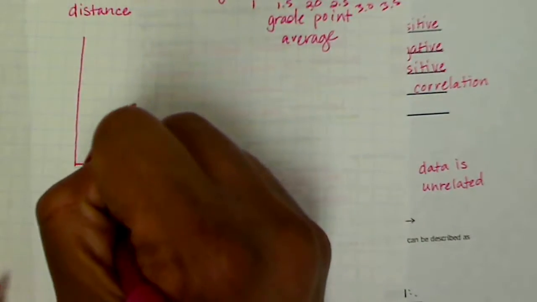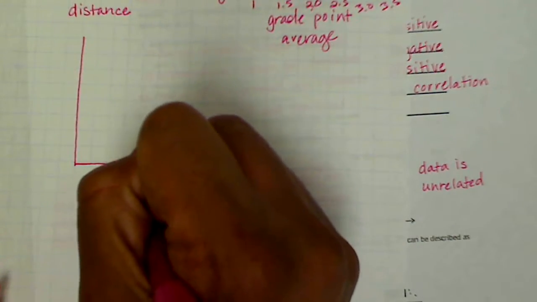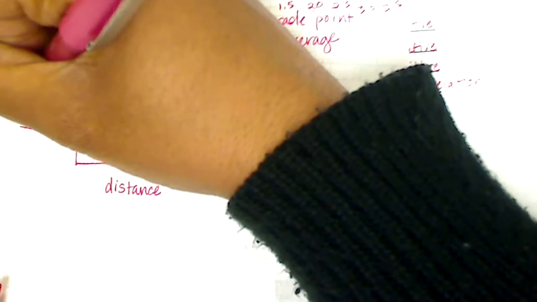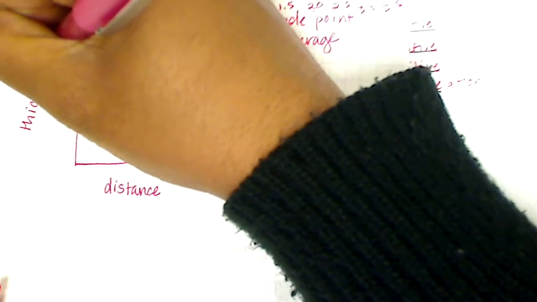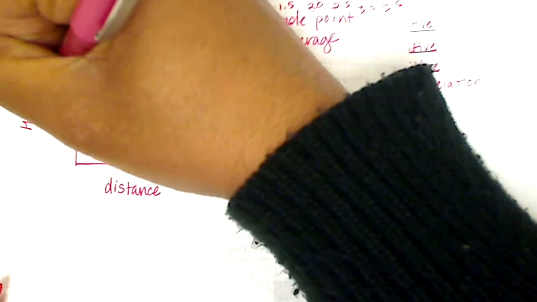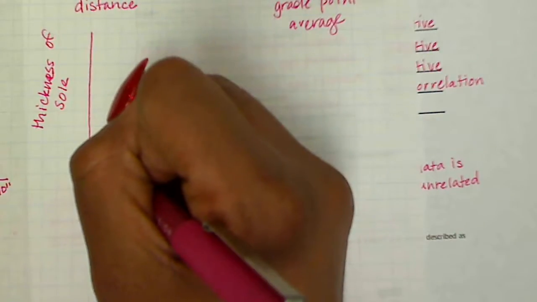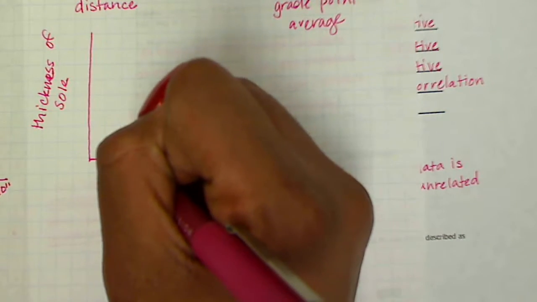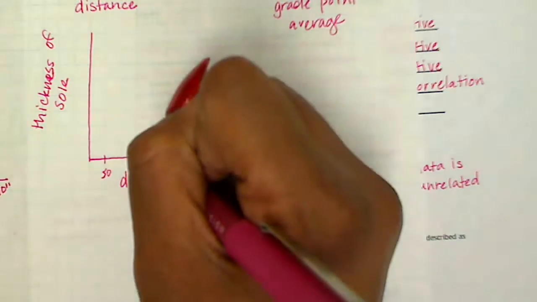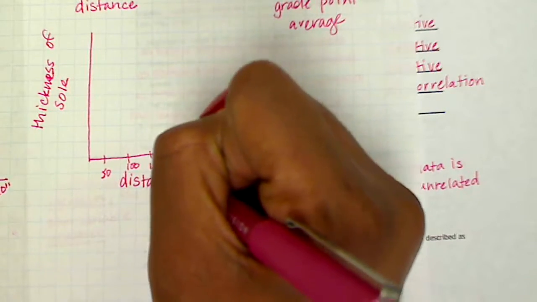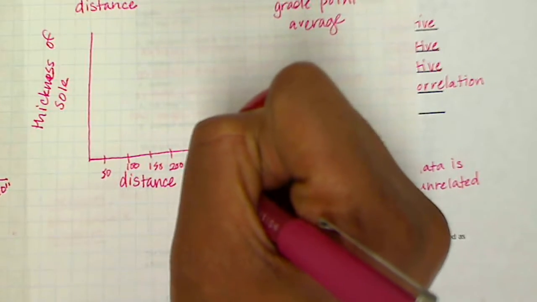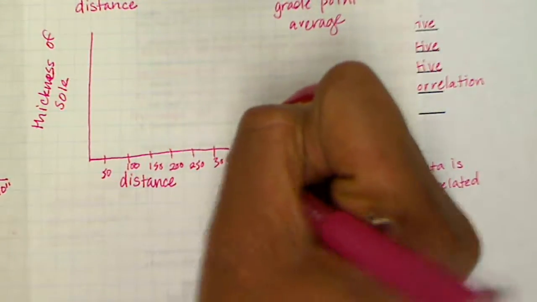So I have my distance traveled and I have my thickness of the shoe sole. So let's say I go 50 miles, 100 miles, 150, 200, 250, 300.